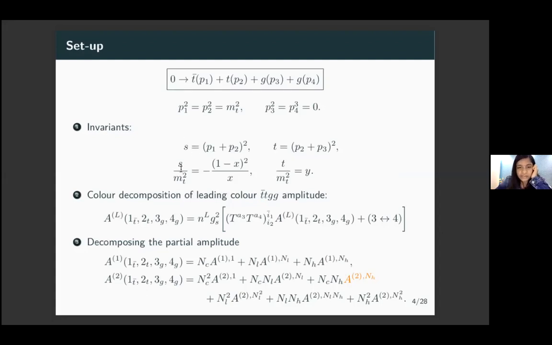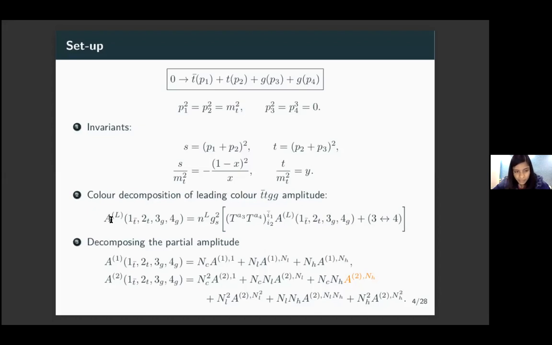I may also change variables, and I can deal with X and Y in place of S and T. But basically, there are two invariants. You can call them S and T, or you can call them X and Y, whichever you prefer. So the color decomposition of a leading color t t-bar glue amplitude looks something like this.